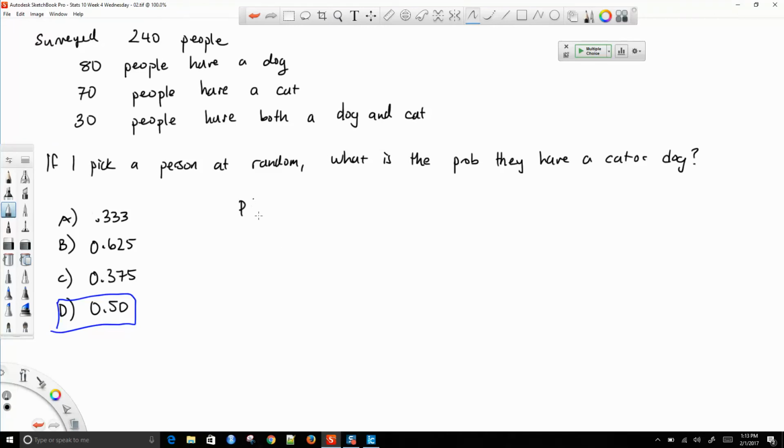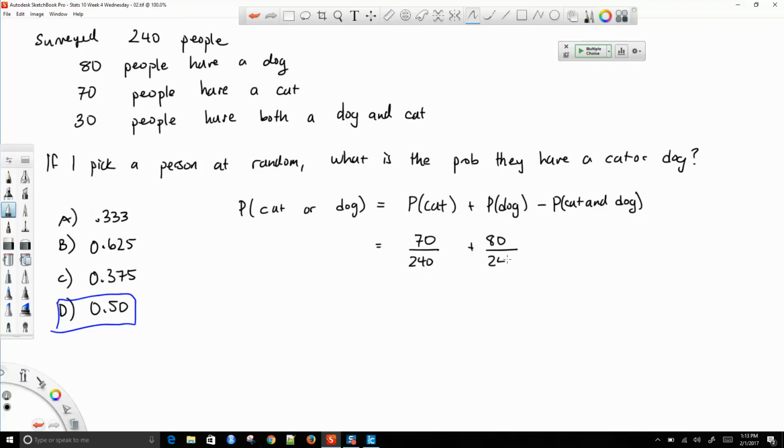So this is asking what is the probability of having a cat or a dog. Okay, so this is going to be the probability of cat plus the probability of dog minus the probability of cat and dog. So the probability of cat, 70 out of 240, plus probability of dog, 80 out of 240, minus the probability of having both, 30 out of 240.